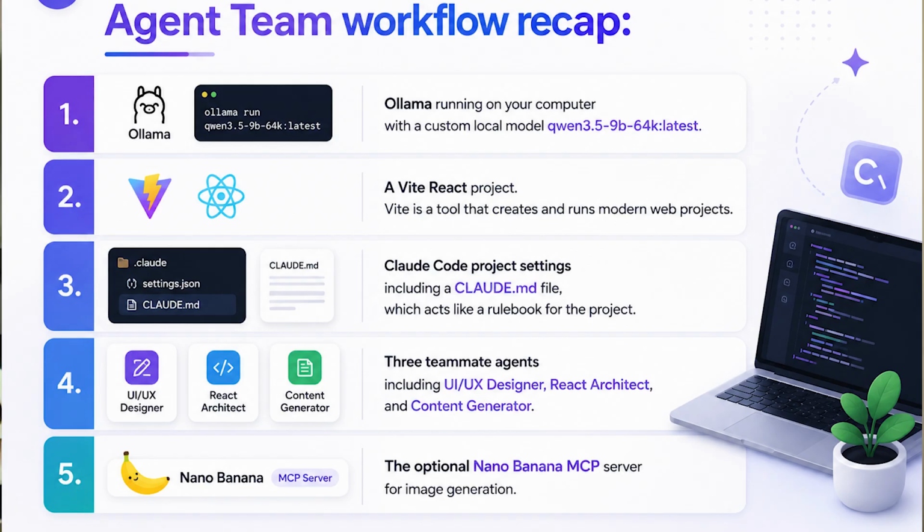Fourth, three team-made agents, including UI UX designer, React architect, and content generator. Fifth, the optional Nano Banana MCP server for image generation. If you did not follow the first video yet, I recommend doing that first by clicking the video link above. This video builds on that setup.